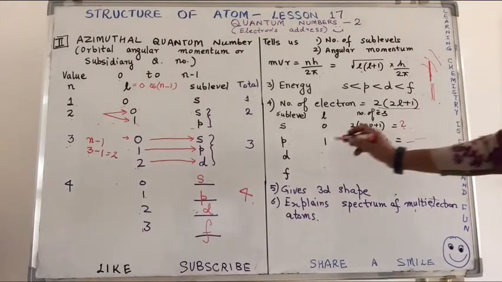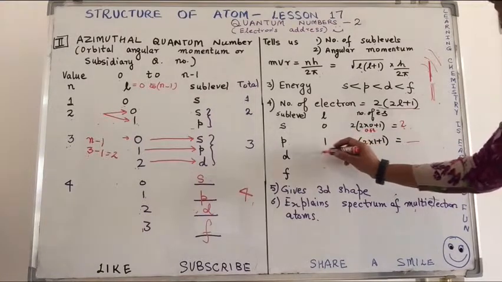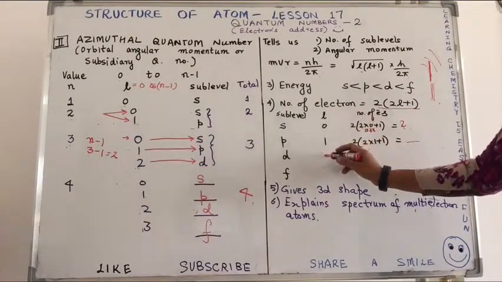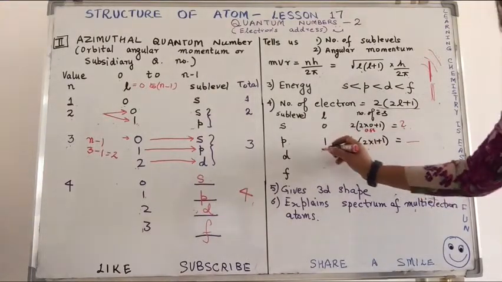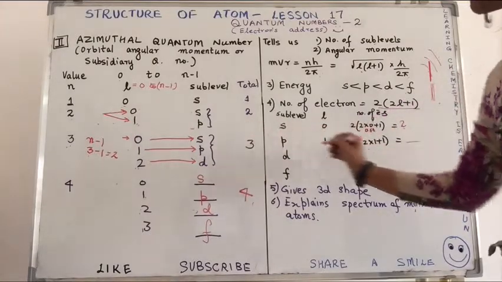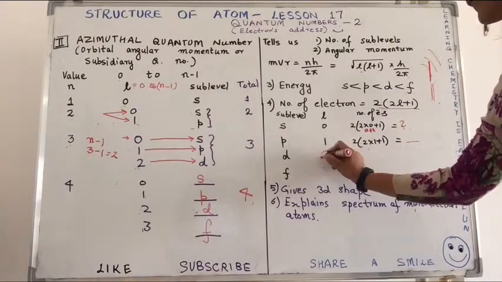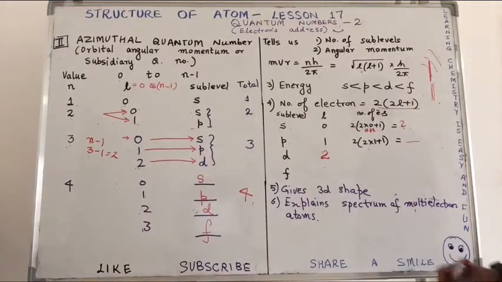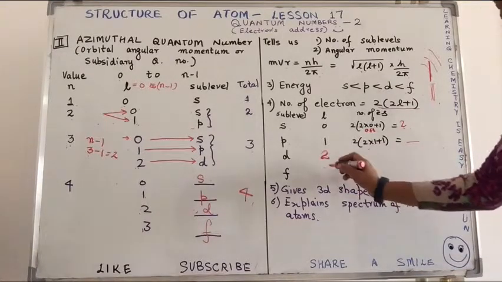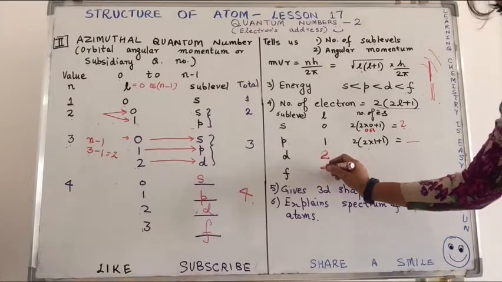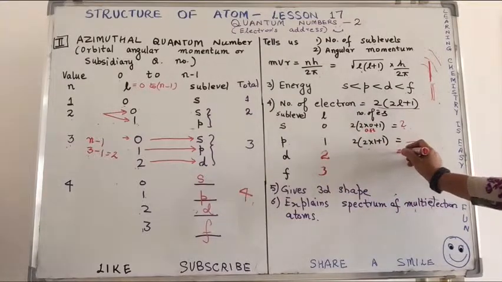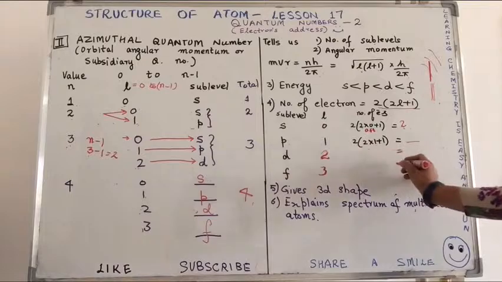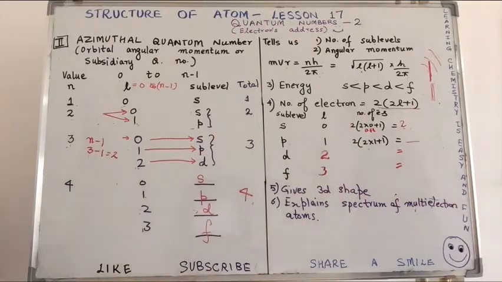See if you are getting the concept right or not. D sublevel means the value of L is only 2. F sublevel means the value of L is 3.